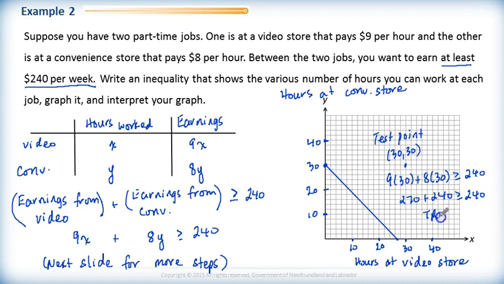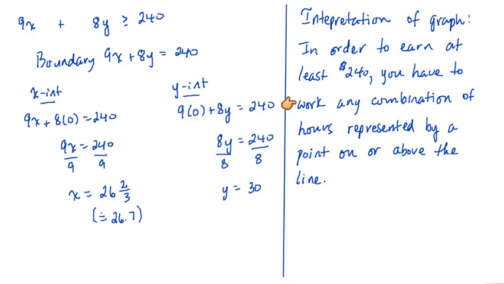Makes a true statement. Therefore, this is our shaded region up here. Now, interpreting our graph, if we work any combination of hours represented by a point on the boundary or above it, then we will earn at least $240. And I've written that over here to summarize.